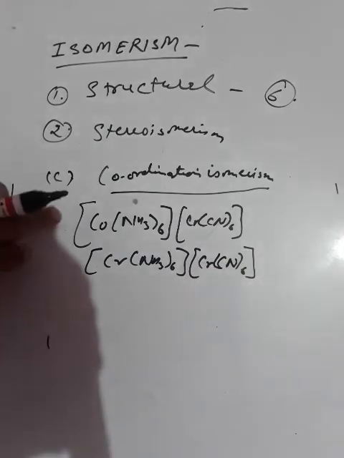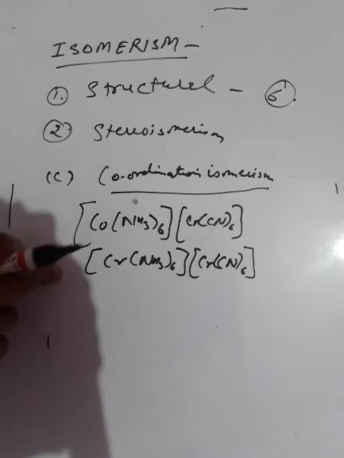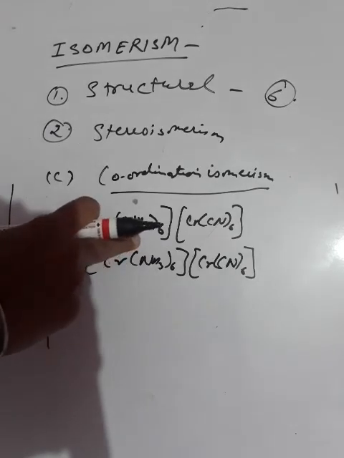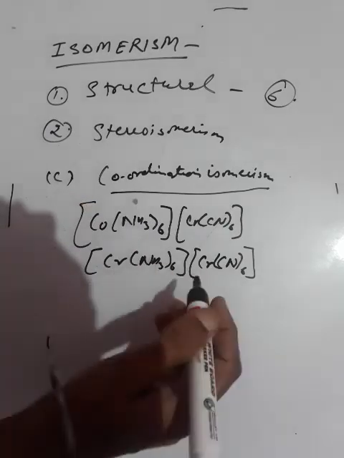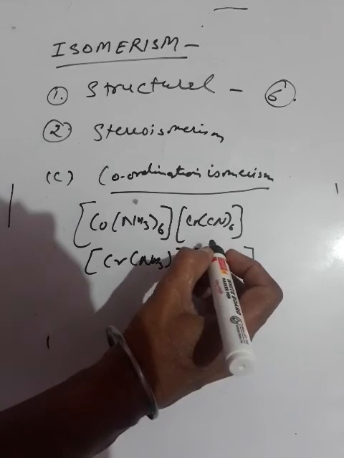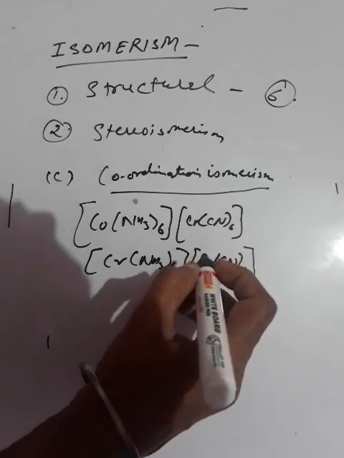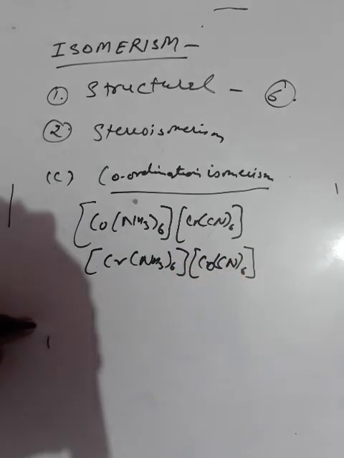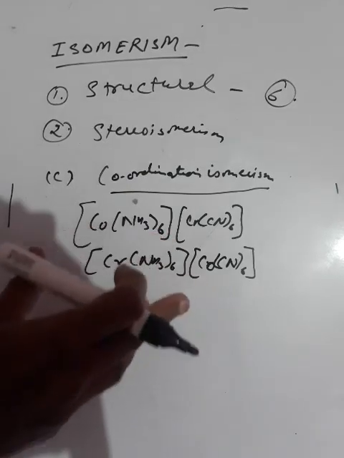When you look at these compounds, they have the same molecular formula, but here the cobalt metal ion is linked with the 6 ammonia, while in this case the cobalt is linked with the 6 cyanide ions, meaning we have a difference in the distribution of the ligands.